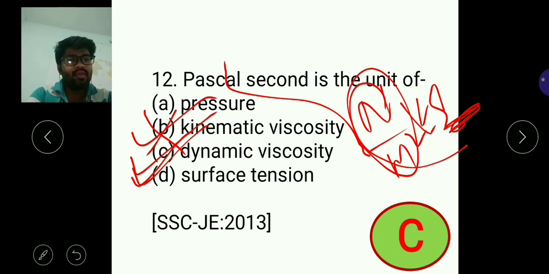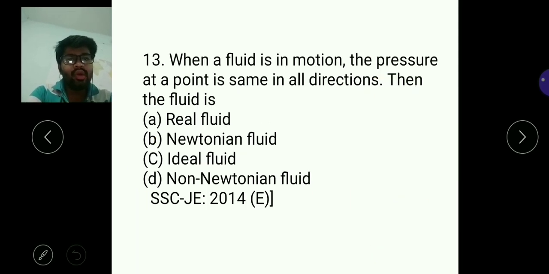Then moving next, when a fluid is in motion, the pressure at a point is the same in all directions, then the fluid is termed as what? If the pressure at a point is the same in all directions, then we can say this will be an ideal fluid.